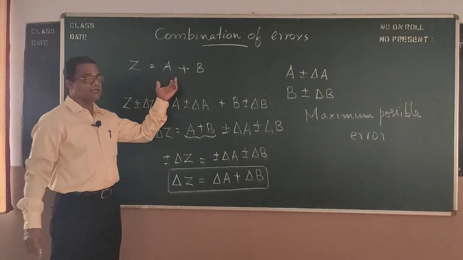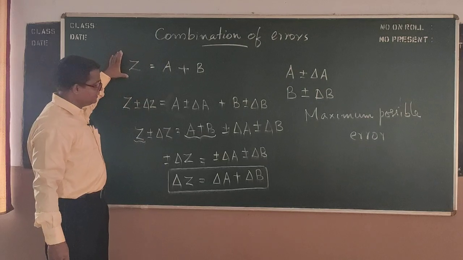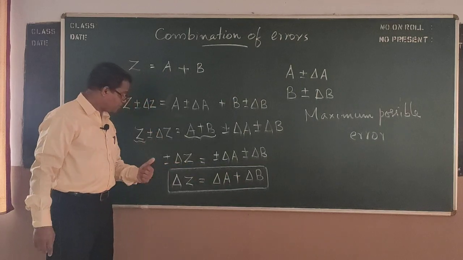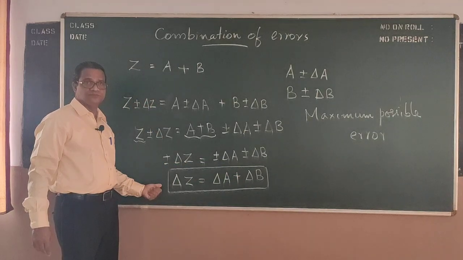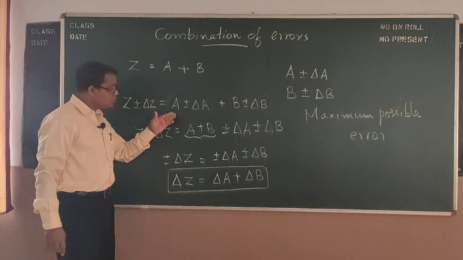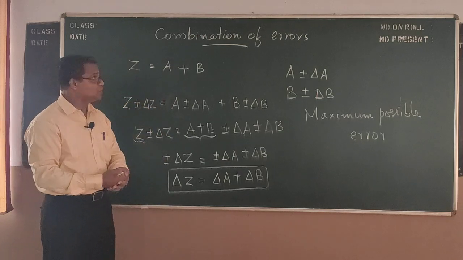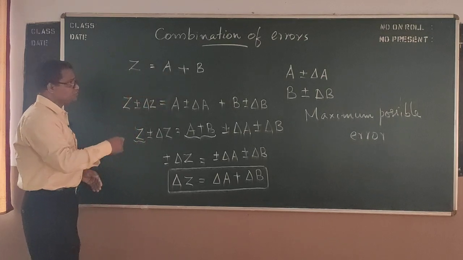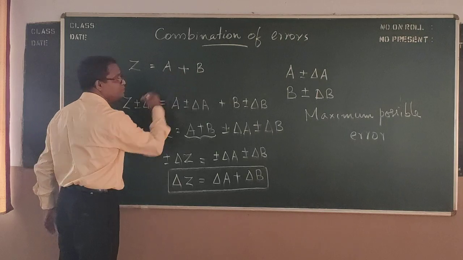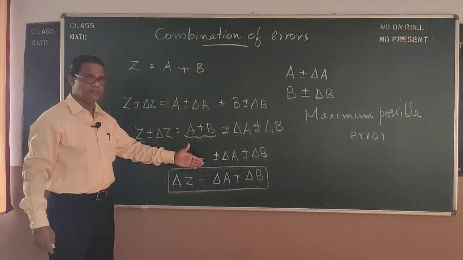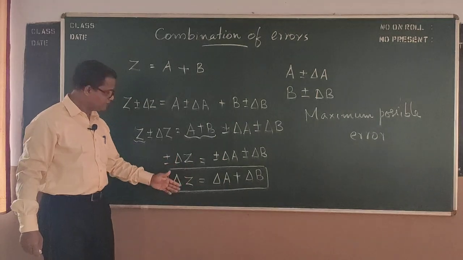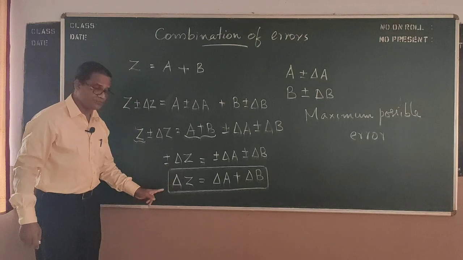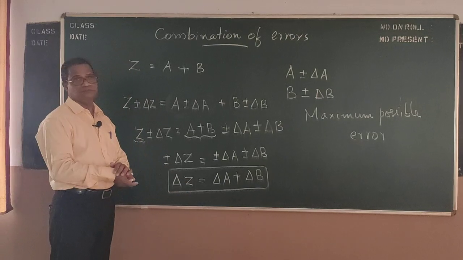So when two quantities are added to get a third physical quantity, the individual measurements are getting added to appear in the final measurement. Now, this is the addition process we started with. If you continue with the subtraction process, a minus b, you will follow the same steps. And you can find that in that case also, the maximum possible error in the final measurement will be the same.